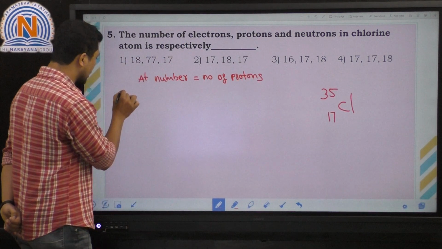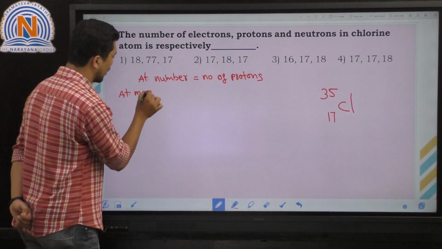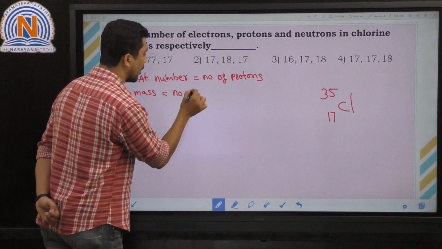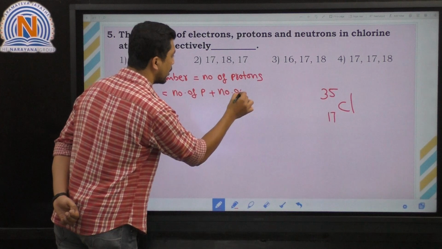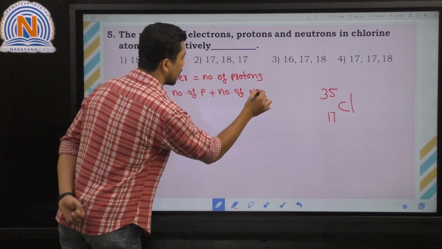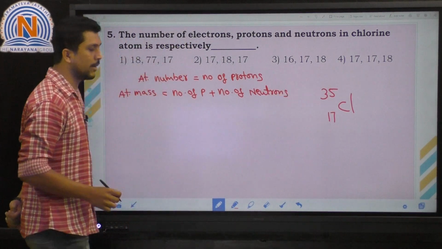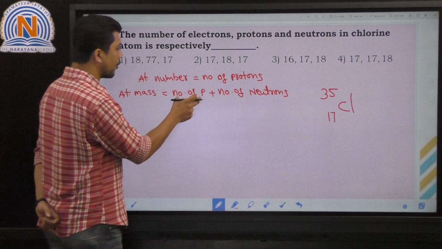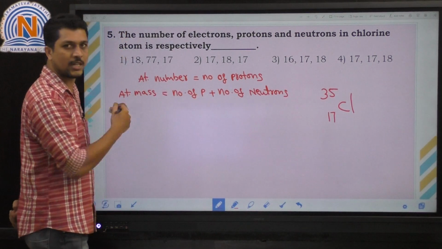So atomic mass is equal to the number of protons plus the number of neutrons, right? We know the number of protons, that is the atomic number, and we know the mass number, so we can find the neutrons.